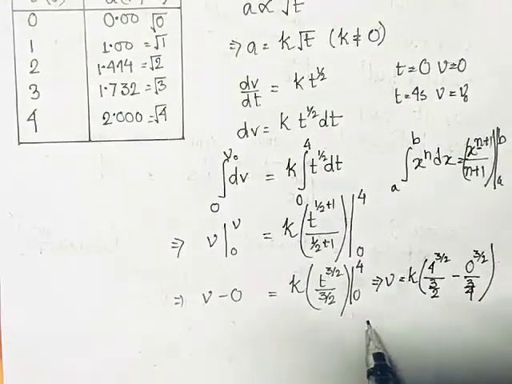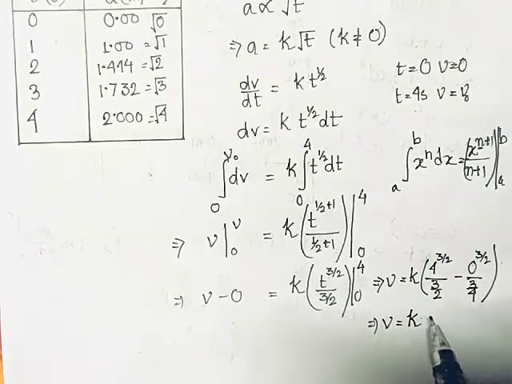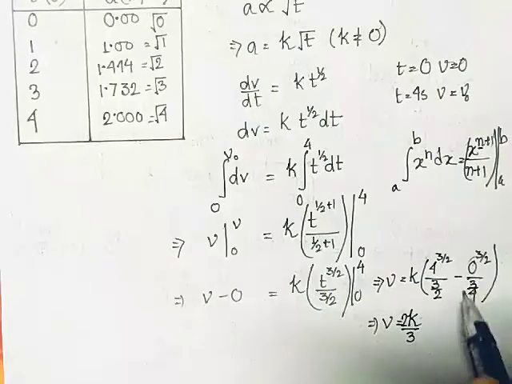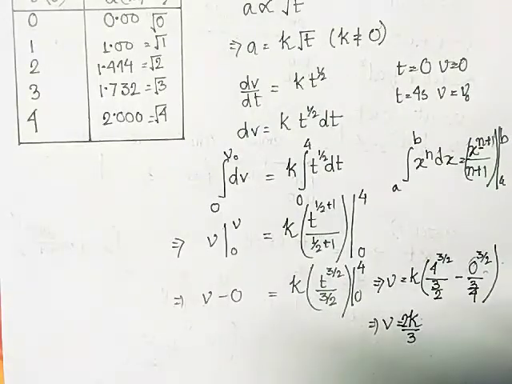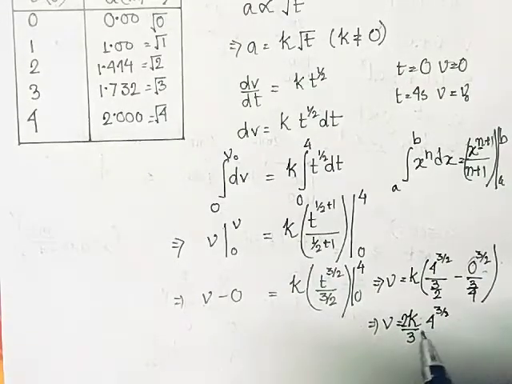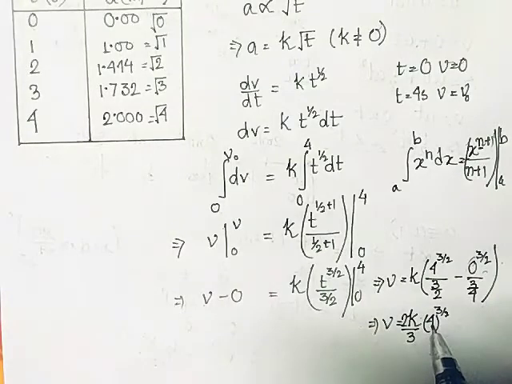So velocity is equal to 2k by 3 into 4 to the power 3 by 2. 4 to the power 3 by 2 means the square root of 4, which is 2, and 2 cubed is 8.